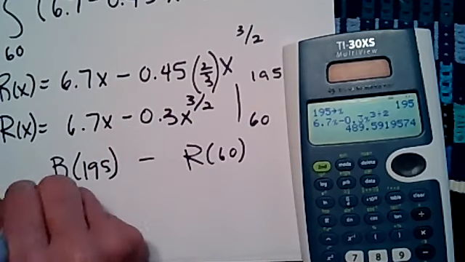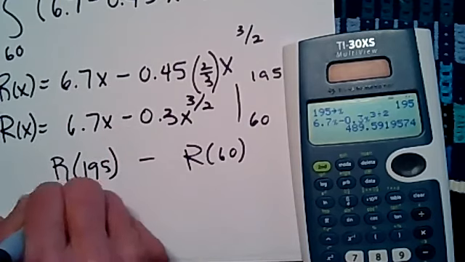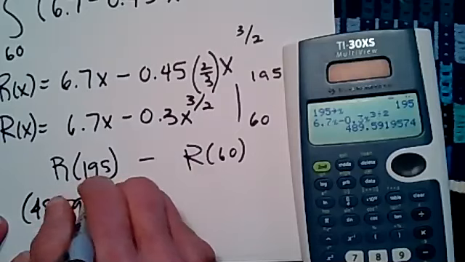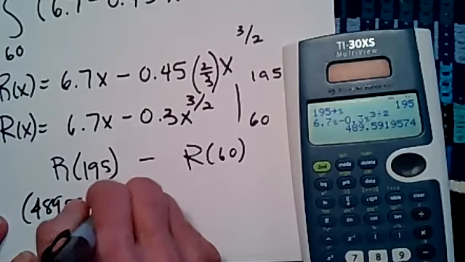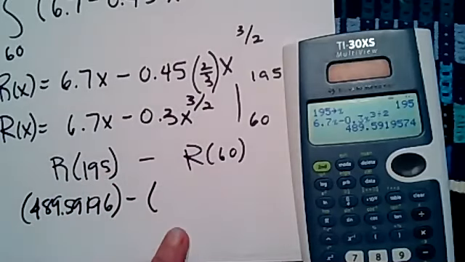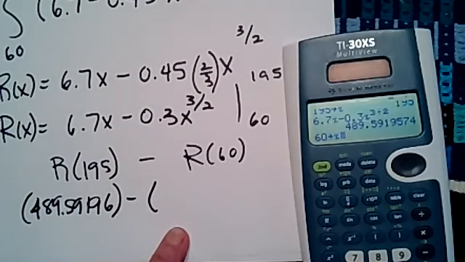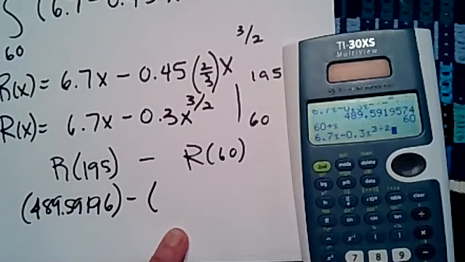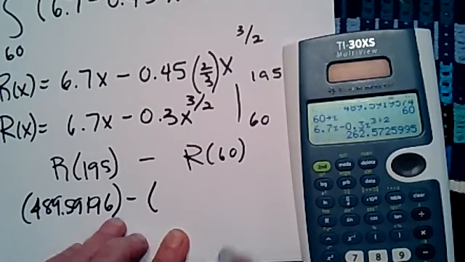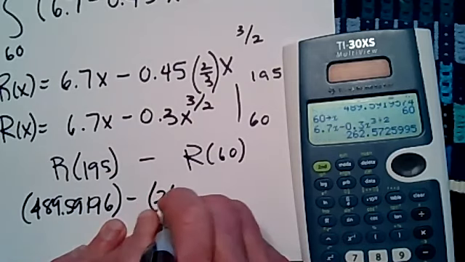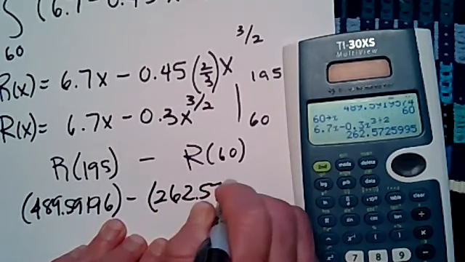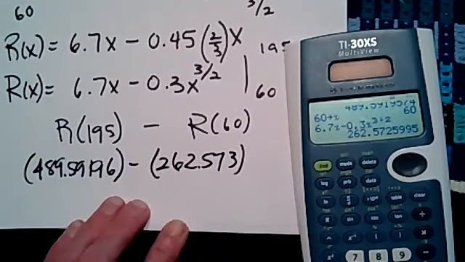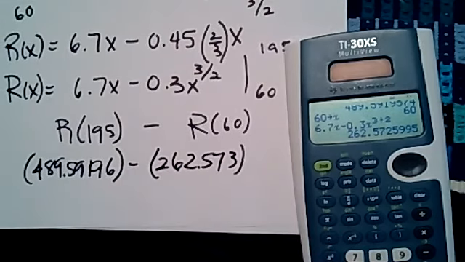And that's 489.59196, whatever. And 60, store for X and enter. And we go and plug it into the antiderivative and push enter twice and get 262.573.